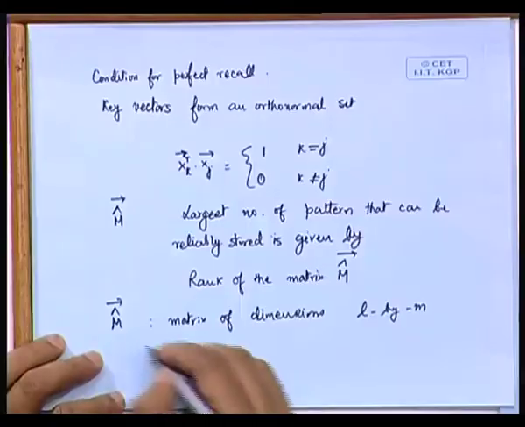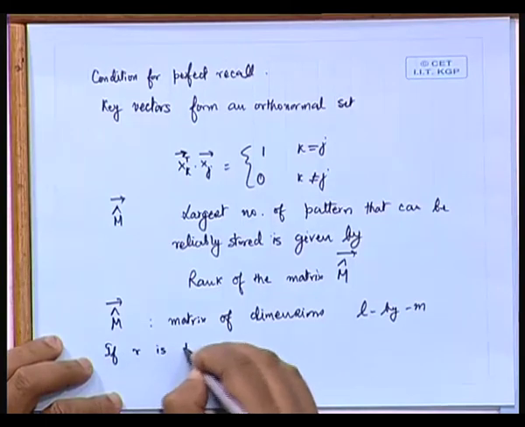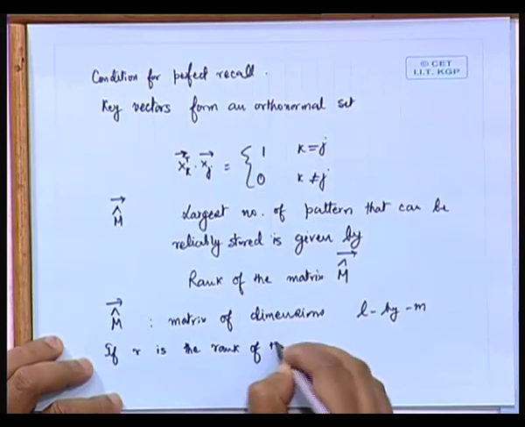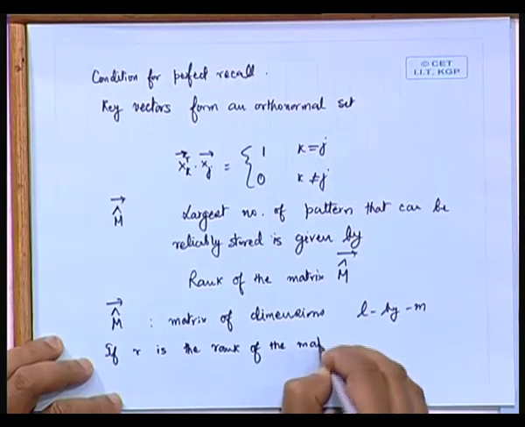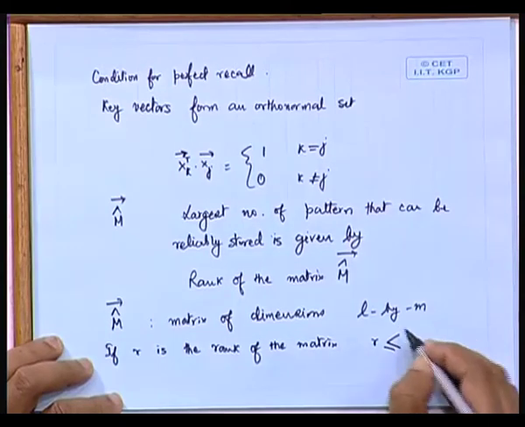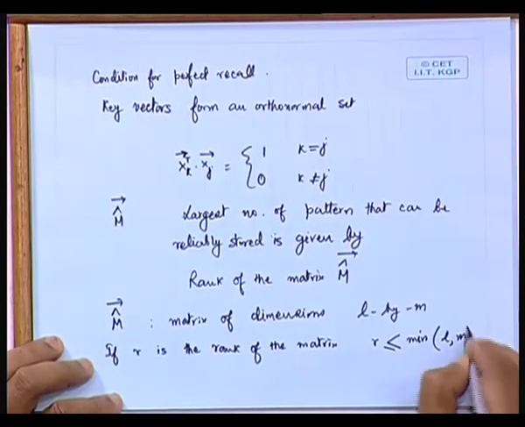So the number of independent rows and columns must necessarily be less than the minimum of L and M. That is why, if R is the rank of the matrix, then we must necessarily have R less than or equal to the minimum of L comma M.